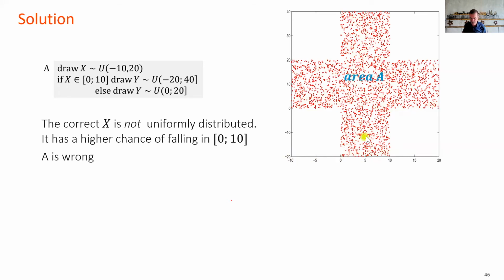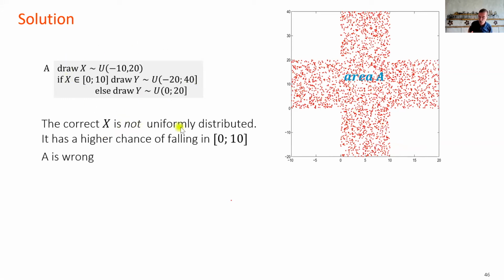So the PDF, the marginal distribution, the distribution of X, should have a higher probability of being between 0 and 10. In fact, the probability here should be 3 times larger than the probability of being here or of being here, which will not occur with this thing here.